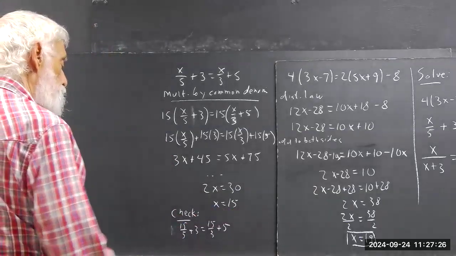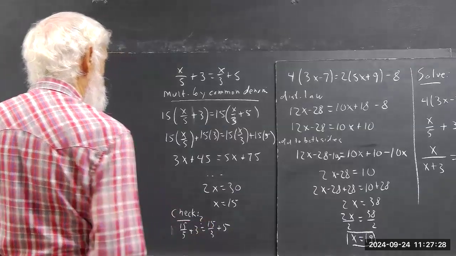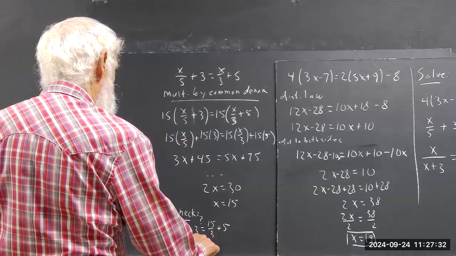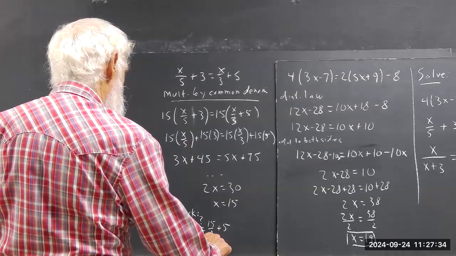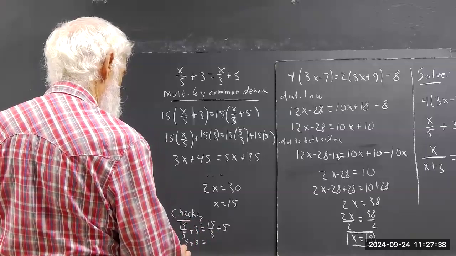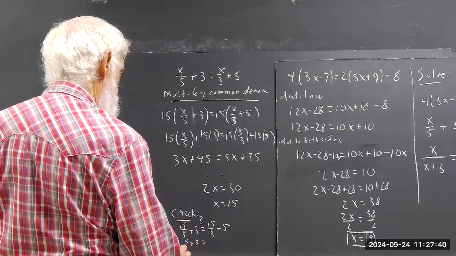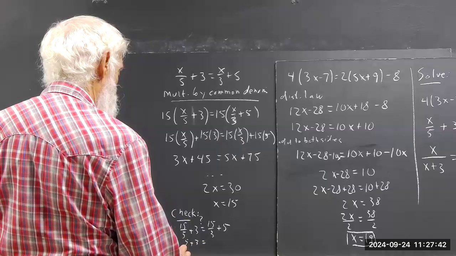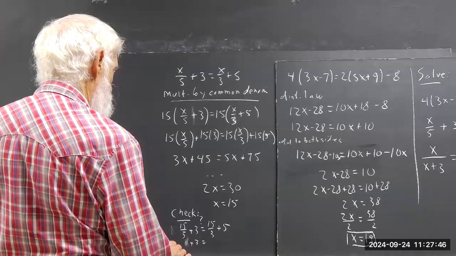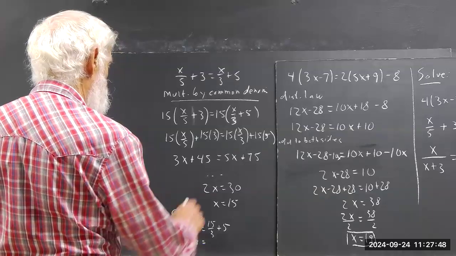15 over 5 plus 3, is that equal? 15 over 3 plus 5, well, yeah. Possible I made a mistake. Yeah, it's negative 2x.